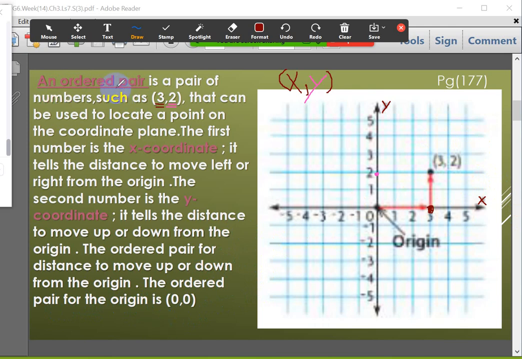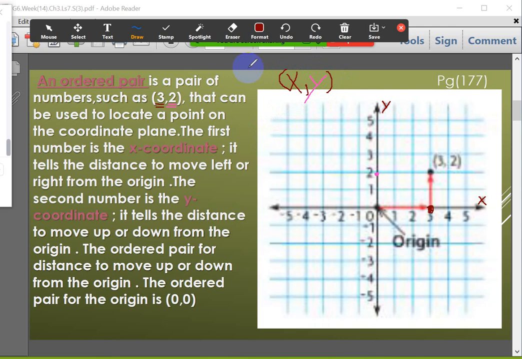why do we name these numbers an ordered pair? Because for the coordinates of any point, the numbers must be ordered. That means the first one will be the x coordinate, the second one will be the y coordinate.